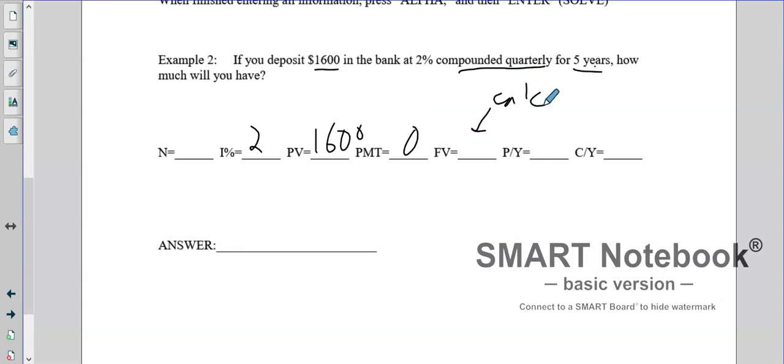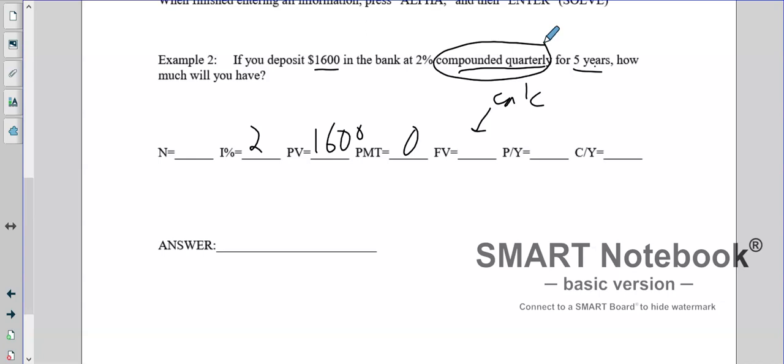Now, the payments per year. Quarterly, I actually lied before. It's not going to be the number up in the N, because that is overall. This is payments per year. So remember, if it's quarterly, then, let's see. Yeah, that's that one.